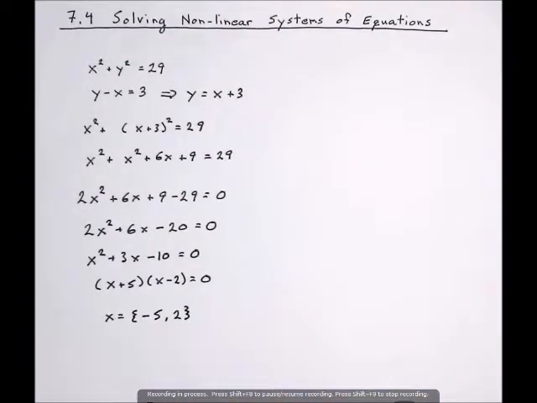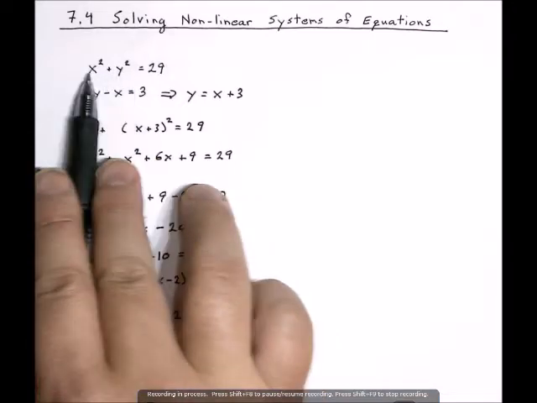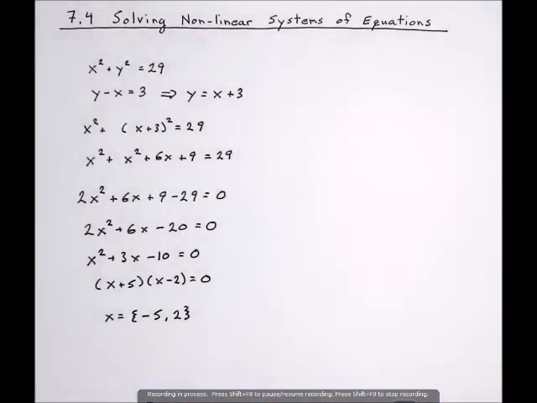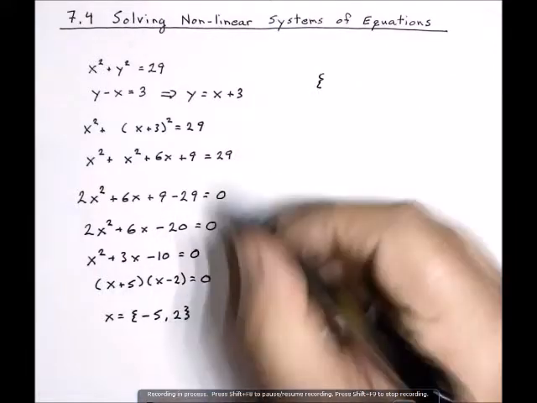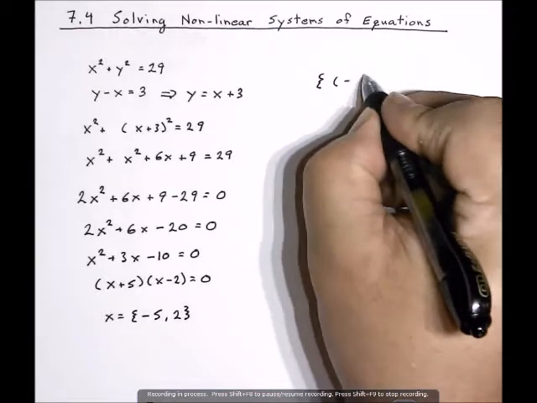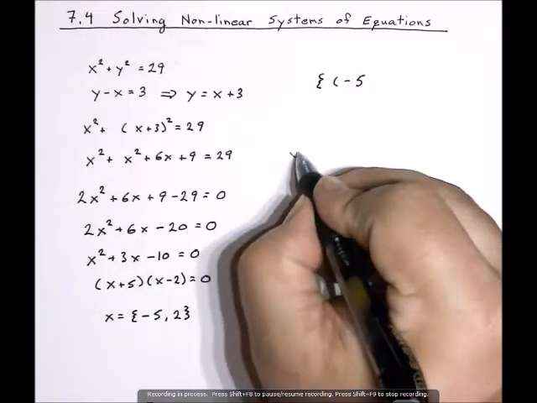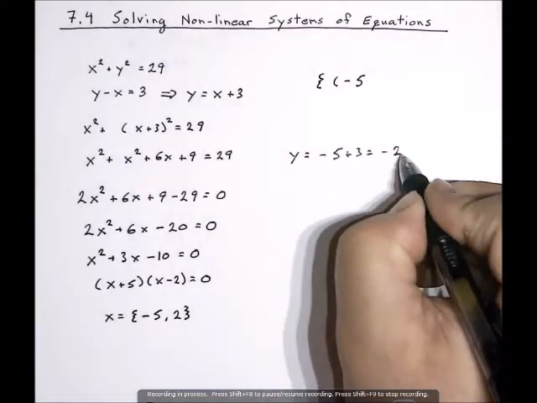-5 and 2. Now the problem is these are solutions for x, and since I have an x and a y, I need ordered pairs. So let's see what happens by plugging the -5 and the 2 into this. So when x is -5, I get y equals -5 plus 3, or -2.